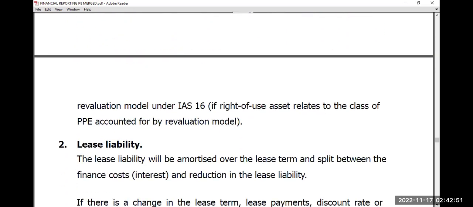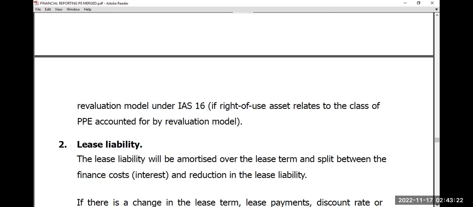We may use the revaluation model under IAS 16, but basically, as far as the standard is concerned, most of the times we use the cost model to value these right of use assets.